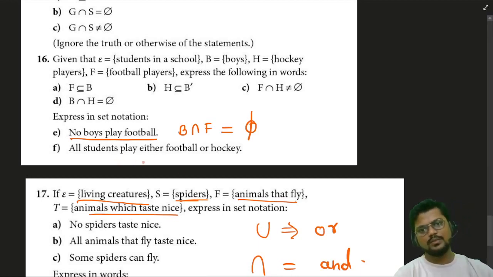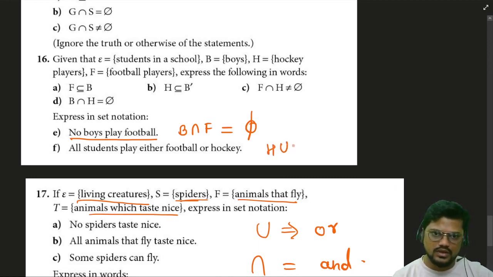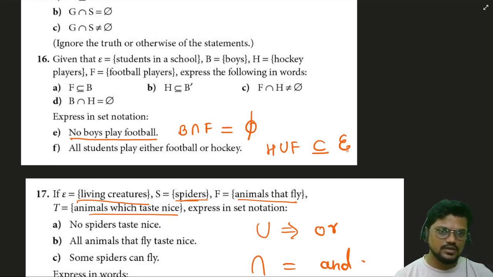All students play either football or hockey. All students, that means H union F. It will be a subset of the universal set, because all students play either football or hockey.